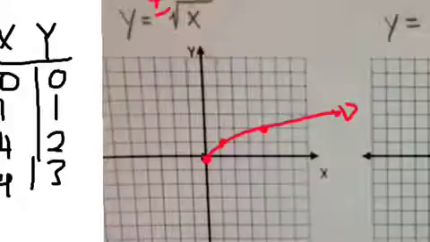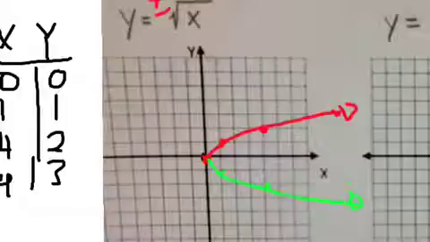Your graph would start going this way: 1, negative 1, 4, negative 2, down this way. If we were to include the negative answer, basically it's like a parabola that fell over. It's not a parabola, it's like a parabola that fell over to its side. So that's what the general graph of y equals the square root of x looks like.